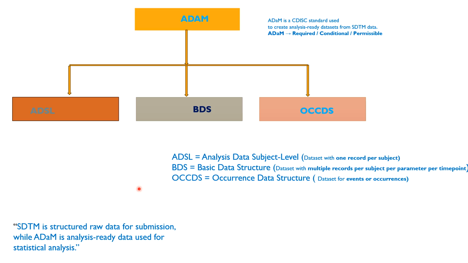So ADaM is a CDISC standard used to create analysis-ready datasets from SDTM data. These ADaM datasets are created from SDTM data. Just as SDTM domains are created from raw datasets, in the same way, to create the ADaM datasets, we need to use the SDTM datasets.